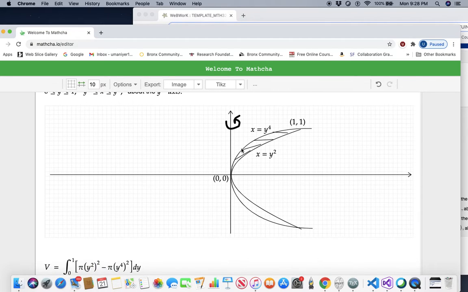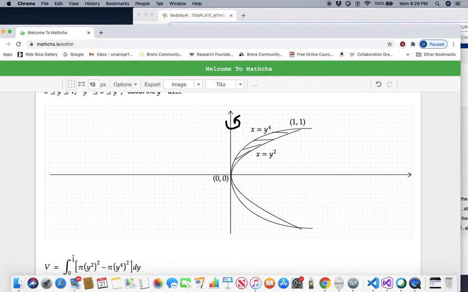By now you understand what will happen. When I rotate this about the y-axis, I'm going to get an outer circle and an inner circle. Outer circle will have radius x coordinate, that is y squared. Inner circle will have radius x coordinate, that is y to the power 4. So my cross sections are horizontal and my y coordinates go from 0 to 1.